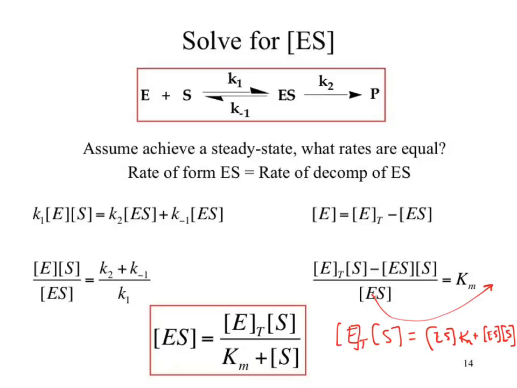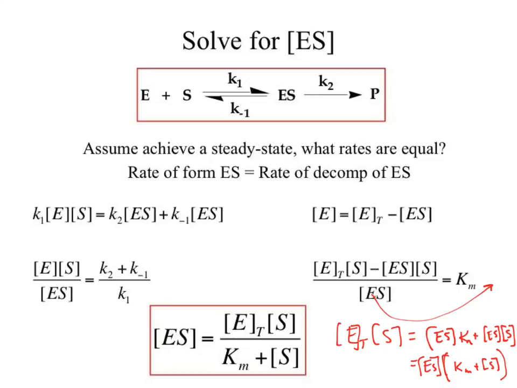Yeah. We can factor out the ES, ES times Km plus our substrate. Divide both sides by Km plus our substrate, and what do we have?